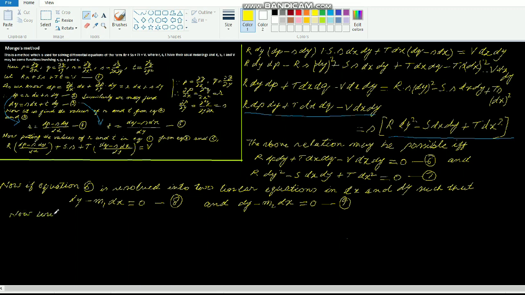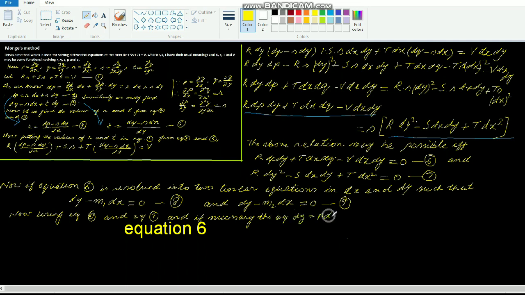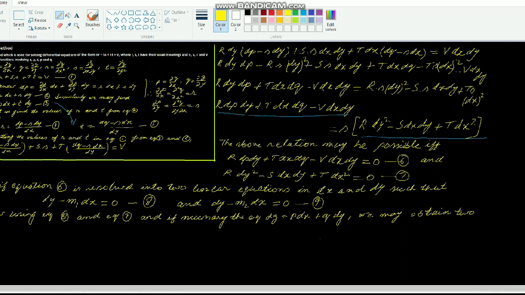Now, using equation 8 and equation 6, and if necessary, the equation dz is equal to p dx plus q dy, we may obtain two integrals, say u1 is equal to a and v1 is equal to b.